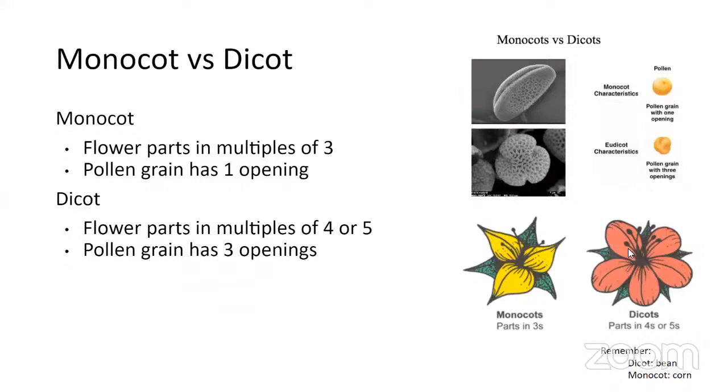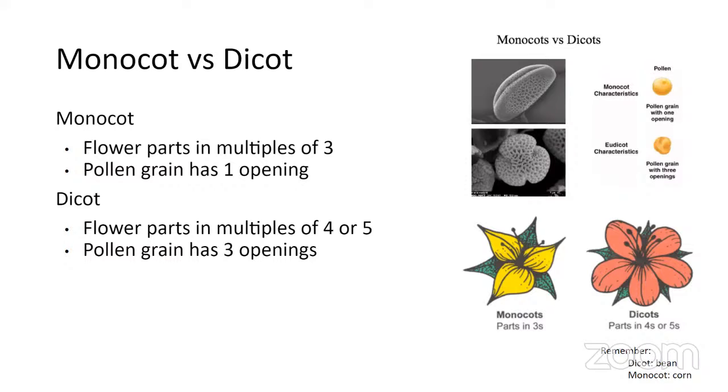So some things that we could potentially see without digging down and looking at a seed and splitting it in half. It's easy to split a bean in half, but not all seeds are easy to split. So we can look at the reproductive structures themselves to give us an idea of this monocot versus dicot division.